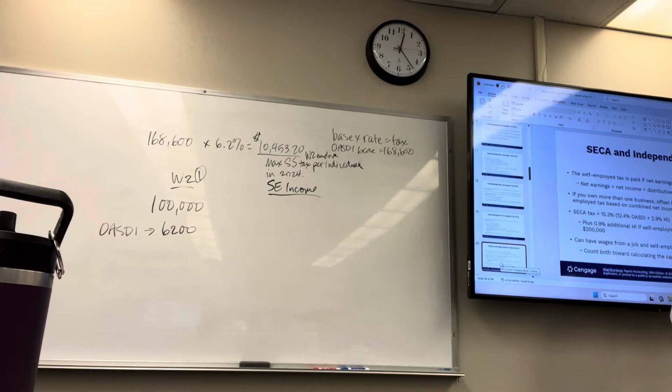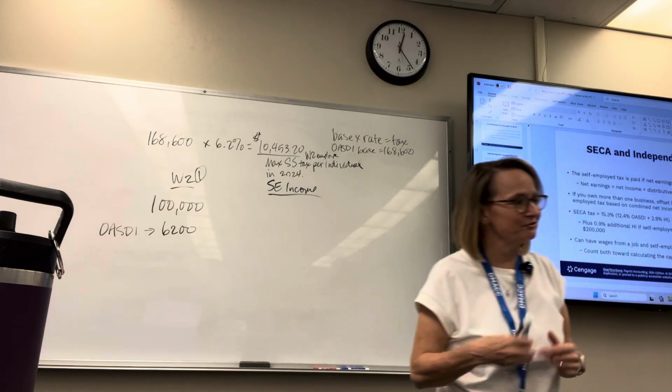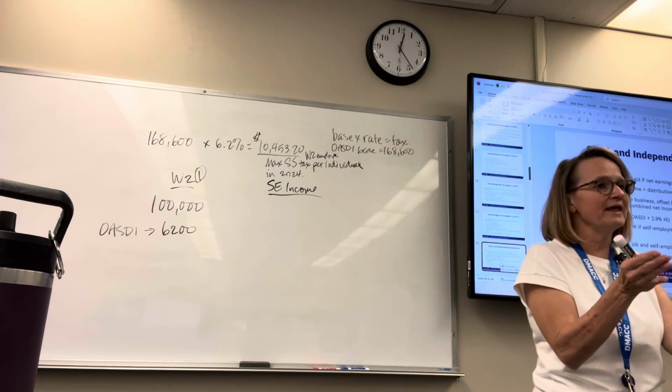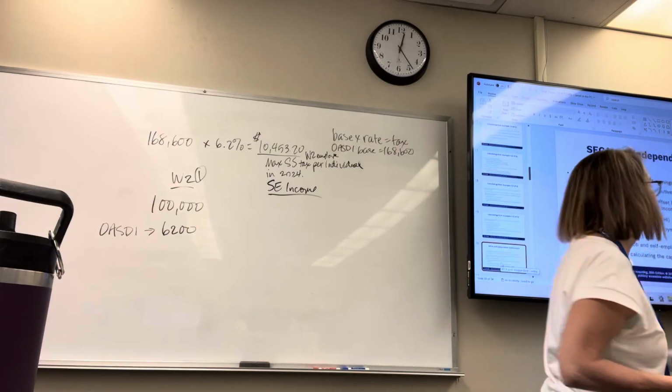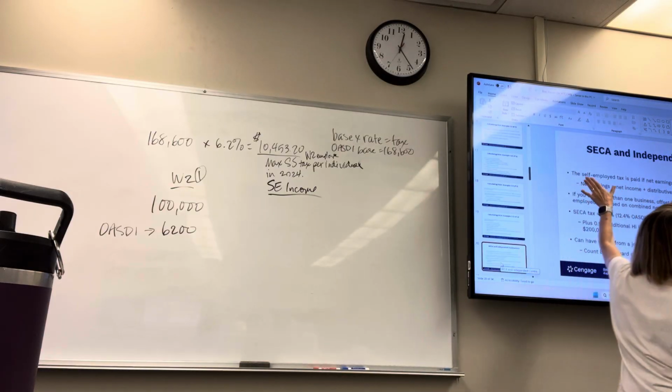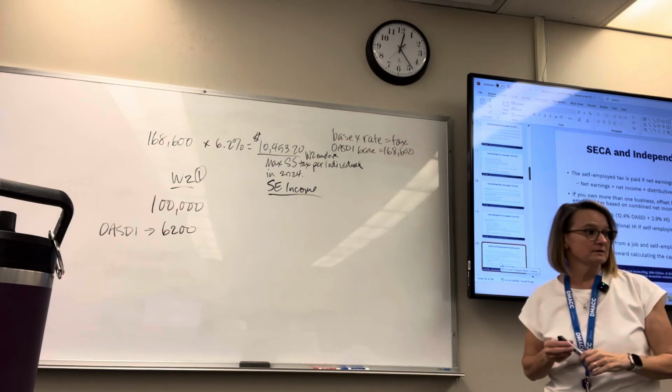If you don't make more than $400 in net earnings, you don't have to pay self-employment tax. Now, if you make $401, you have to pay self-employment tax on all of it. So that's why I say you don't exclude the first $400, but if it's under that amount, you don't have to pay self-employment tax on it. So that's what they're talking about here. And it's on the net earnings.